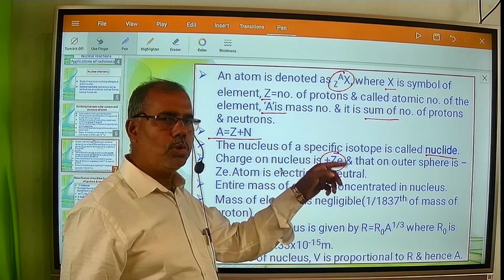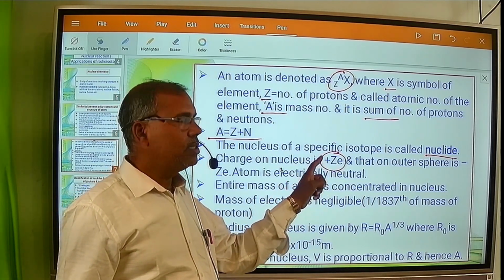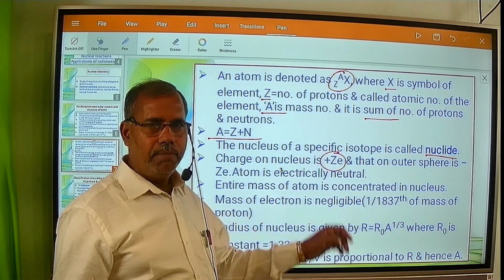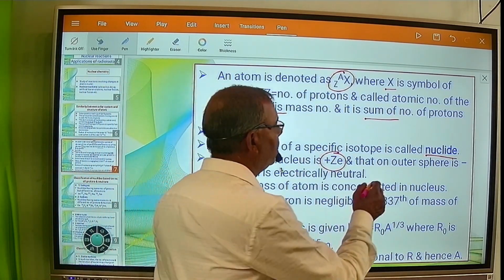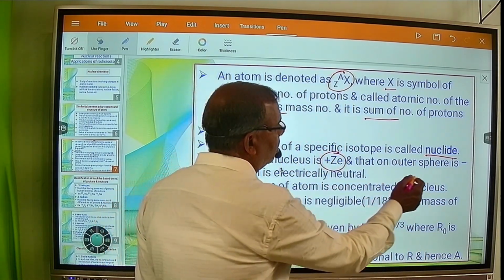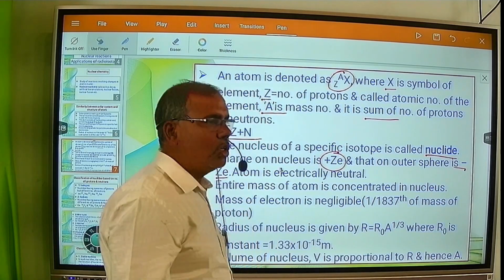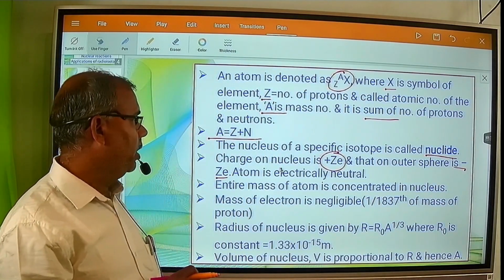The number of protons is Z. So the total charge present on the atomic nucleus will be plus Ze, that is plus 1 Z into e, and that of the outer sphere is minus Ze. So the charge on the outer sphere, that is outside the nucleus, will be minus Ze.